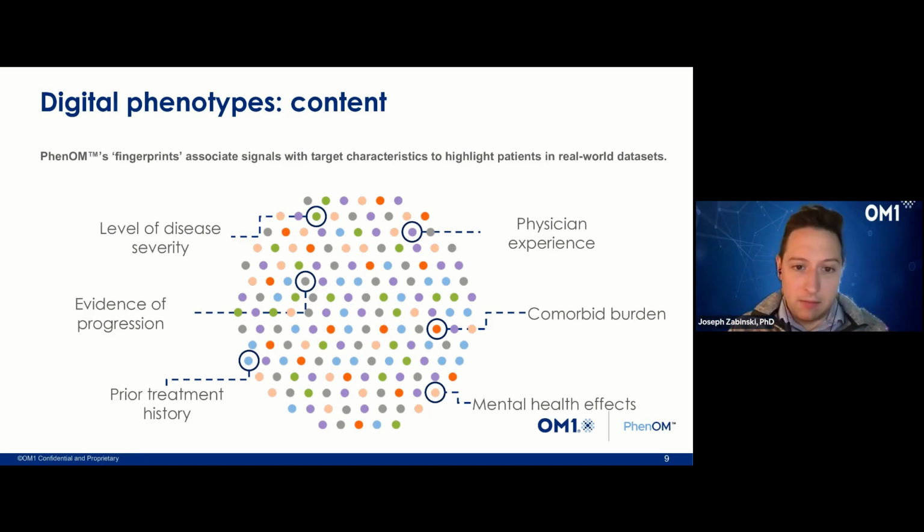Of course, they're complicated mathematical objects, but at a descriptive level, it's fair to say a phenotype associated with a patient will often tell us something about that patient's prior level of disease activity, evidence of progressive disease, perhaps differences there where we can see information that a patient is moving faster or slower in disease progression than others, prior treatment history, including what has worked and what hasn't worked, information about their physician, sometimes seeing patterns that are common among patients all treated by the same physician can be useful information to inform our understanding of a patient journey, comorbid burden, mental health effects, and lots of other things.